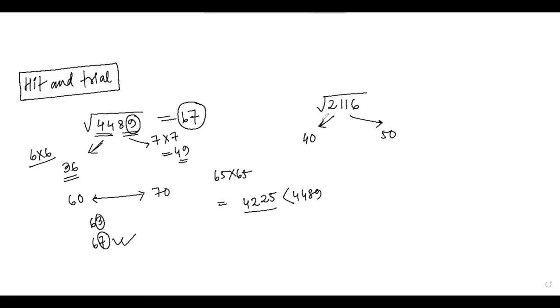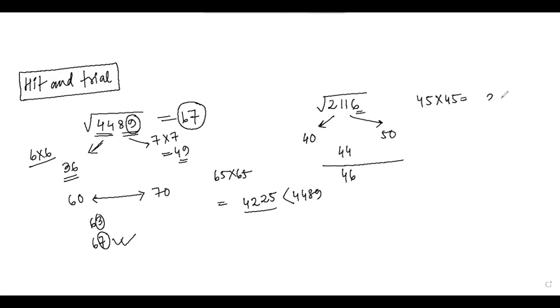So 21 lies between 16 and 25. Okay, and there are only two numbers which give 6 after being squared. One is 44, another one is 46. So here we will use the same method also. Square of 45 is what?